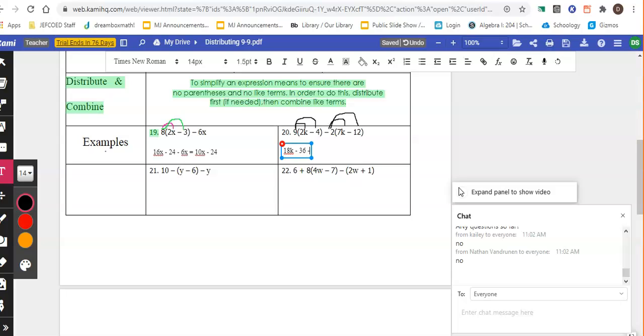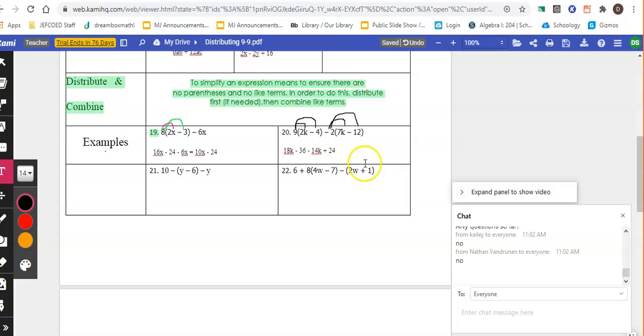That's going to be minus 14k. Okay? And then the negative 2 times the negative 12, that's going to be plus 24. Okay? All right, so right there, there's my expression that we're working with.